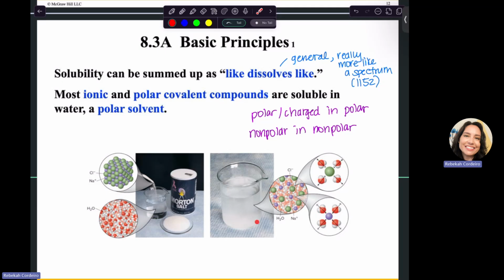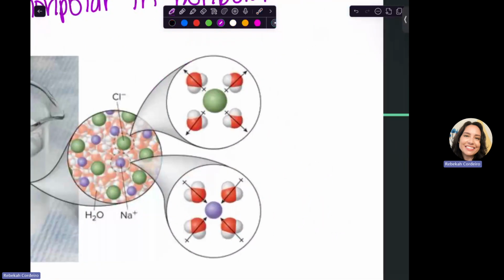For example, salt and water dissolve well because water is very polar and has lots of partial positive and negative charges, and the salt also has lots of positives and negatives. The negative chlorine would attract the hydrogen, the positive side of water. You can see the little dipole showing you the positive side.